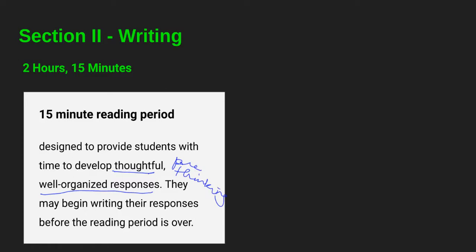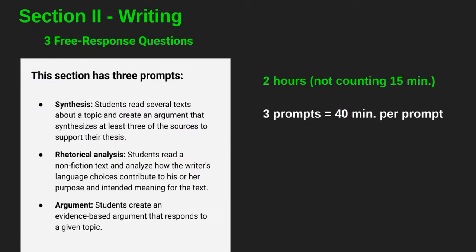But again, you've been practicing for this exam all year. Your teachers have been giving you some strategies. So you should, before the exam, have a plan in mind on how you want to best utilize that 15-minute reading period. So you have 3 different prompts.